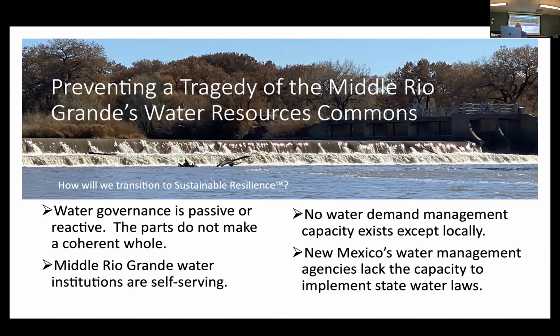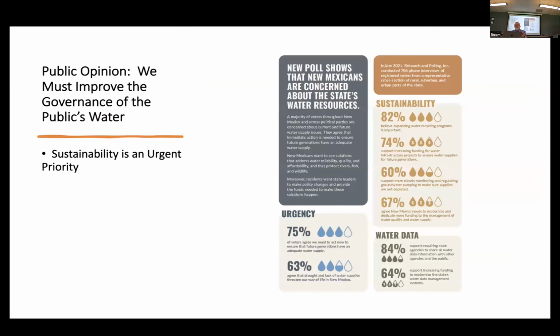So it would have a quantifiably rigorous outcome. In that case, it's a brand, but the way I would like to use it is as our objective for water management in the middle Rio Grande and elsewhere in the state of New Mexico.